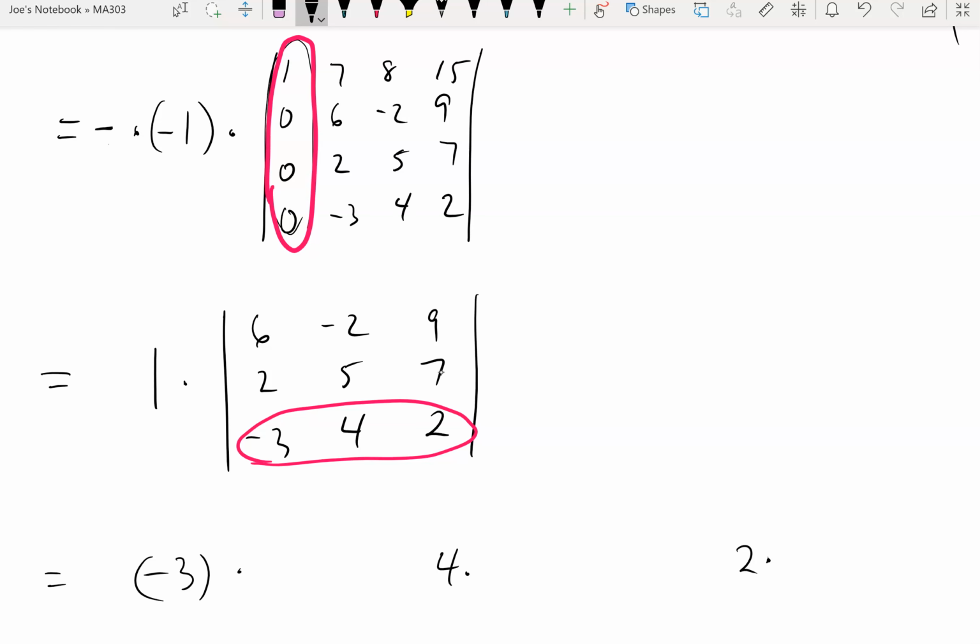So if this one's plus, this 4 must be minus and this 2 must be plus, right? And now we need the associated 2 by 2s, the associated 2 by 2 minors associated with each of those coefficients. All right, so what goes along with the negative 3?